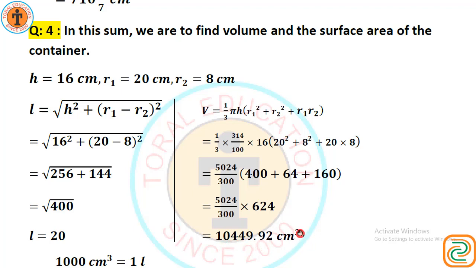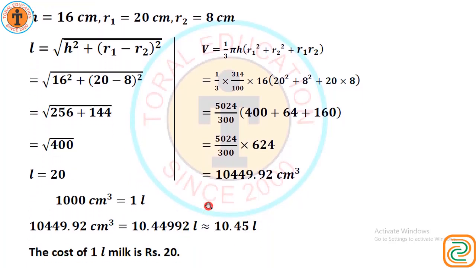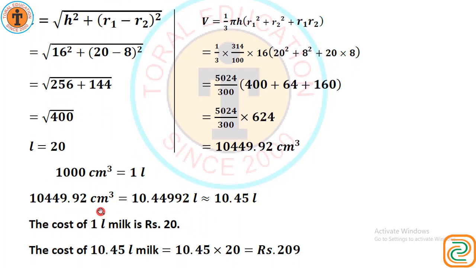we got 10,449.92 centimeter cube. This is the capacity, but we need to find out rupees. This is in centimeter cube. First we have converted into liter, because 20 per liter is given. So 10,449.92 centimeter cube equals to 10.44992 liter.